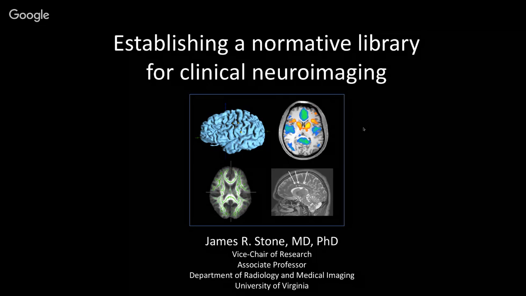Dr. James Stone is Associate Professor and Vice Chair of Research in the Department of Radiology and Medical Imaging at the University of Virginia. He is also a founding member of the American College of Radiology Head Injury Institute. He is a clinical interventional radiologist with a neuroscience background.